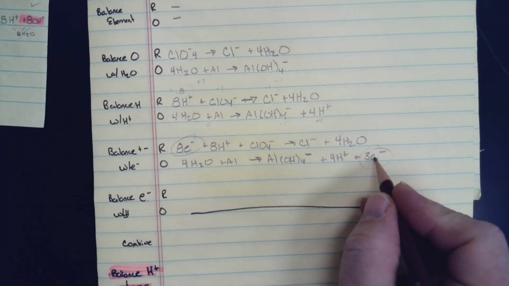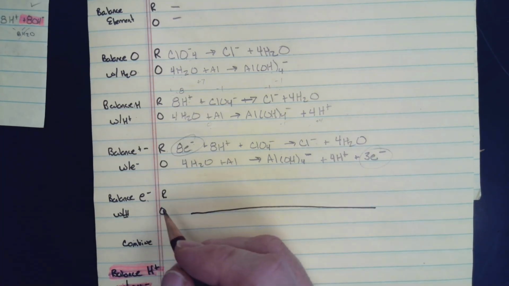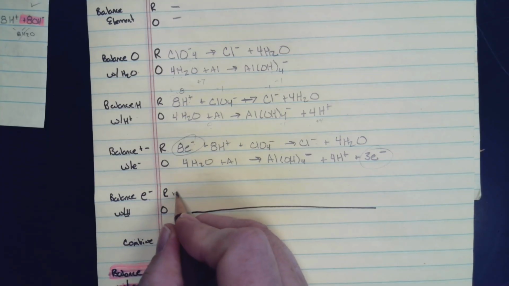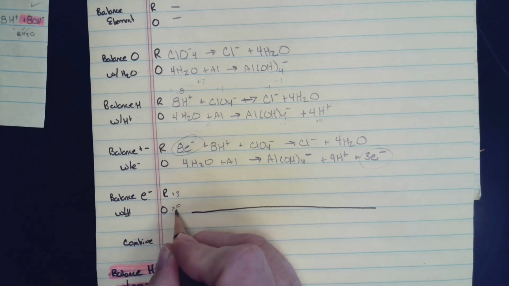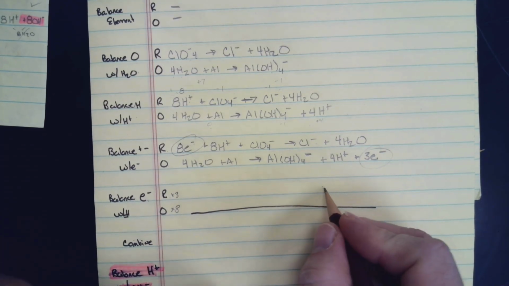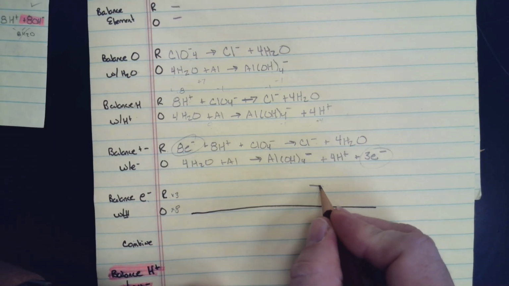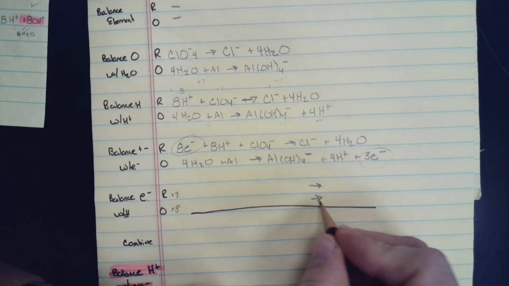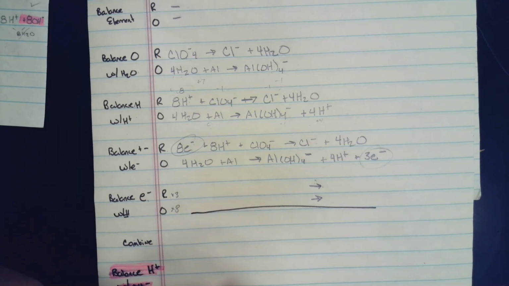Well, there's no easy number between other than multiplying by the whole thing. So I'm going to have to take everything here times 3 and everything here times 8. And now I want to make sure, because I'm going to combine them, I want to make sure I have my 2 arrows, my yield signs lined up.